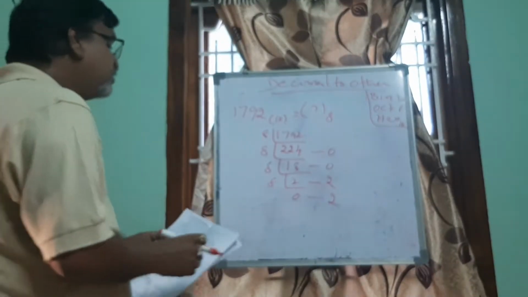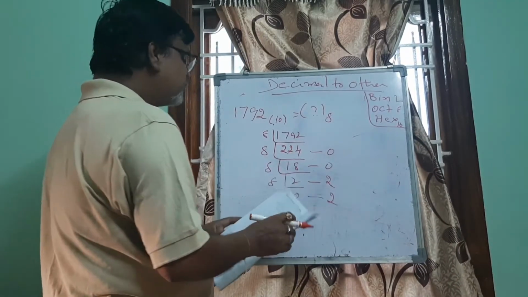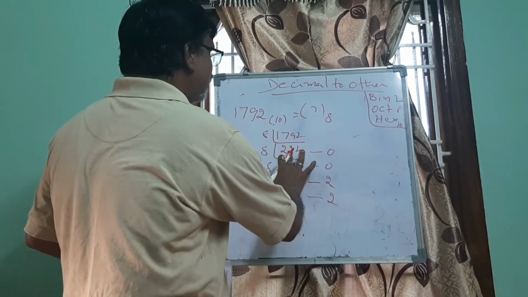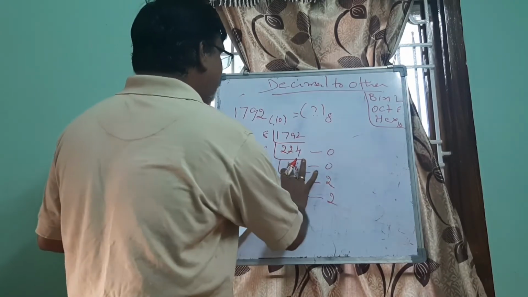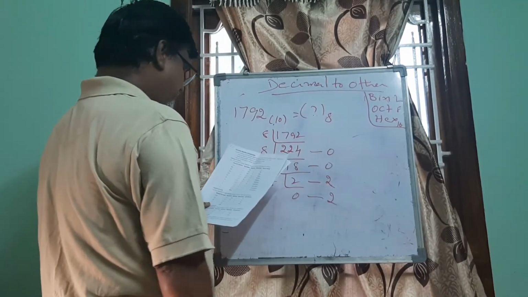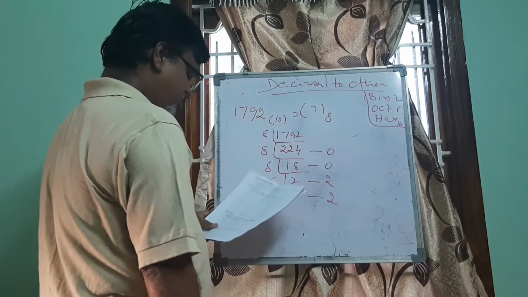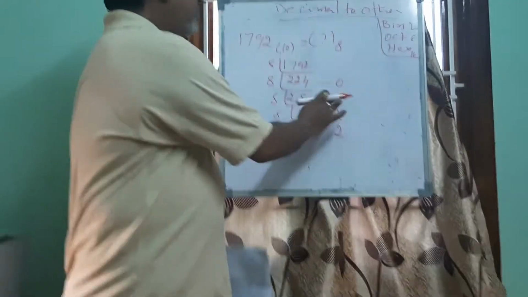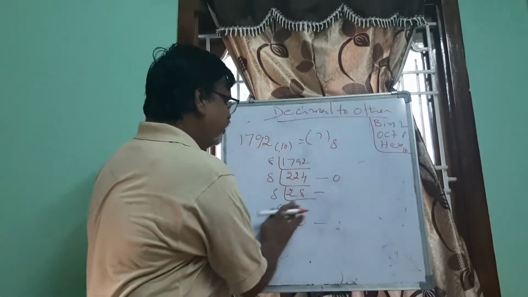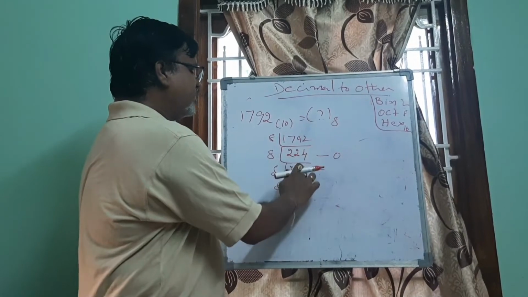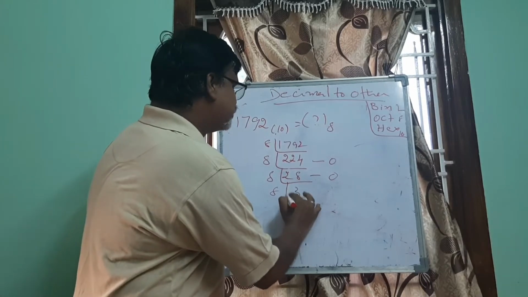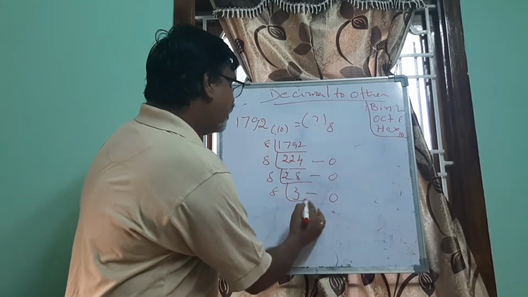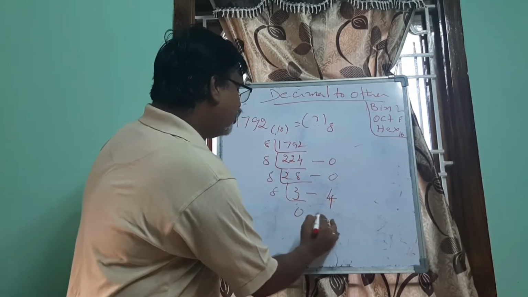So now here 224 is divided. Okay, so here you see 8 twos are 16, 8 eights are 64, you get here remainder 0, then 8 threes are 24, here you get remainder as 4 and 0, 3.